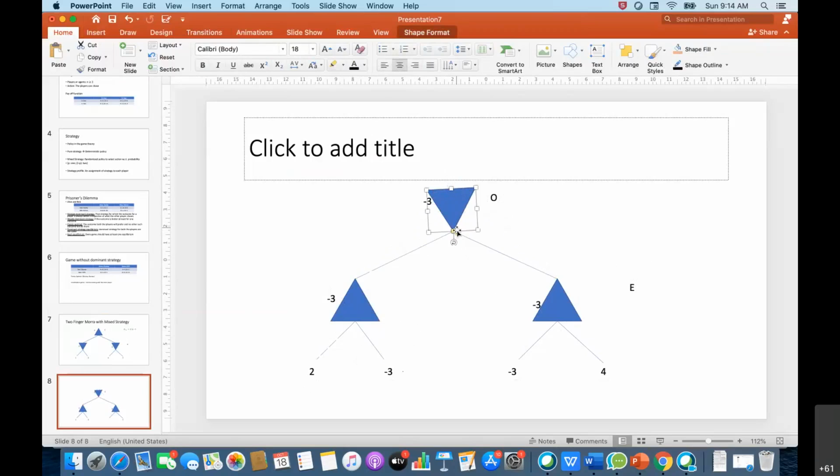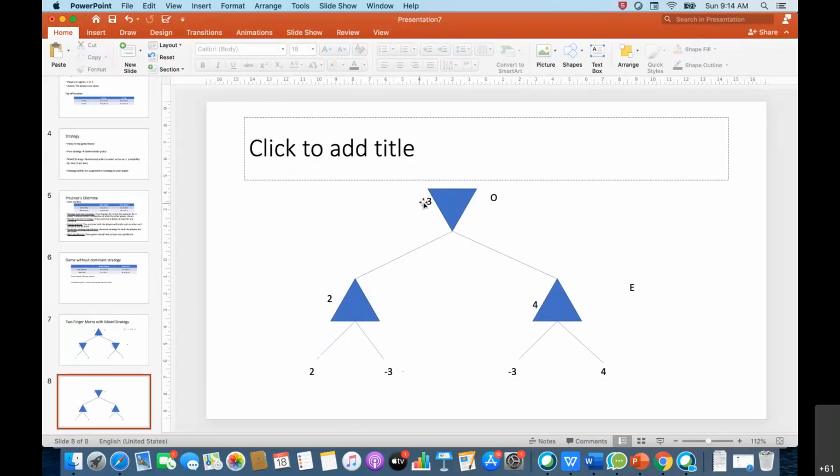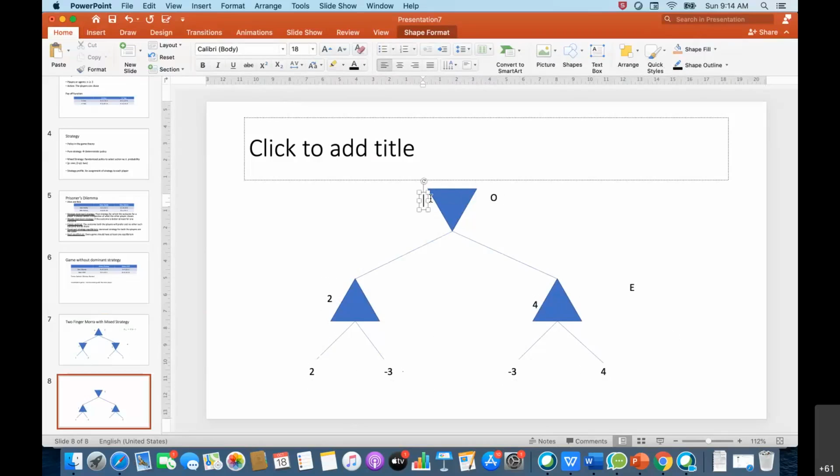This is becoming a minimizer. Now the leaf nodes are the same, that is, these values are the same, because these are the same values that someone is going to gain or lose. But once you perform a maximizing operation here, the values that you are going to have are 2 and 4, and this value will be 2.